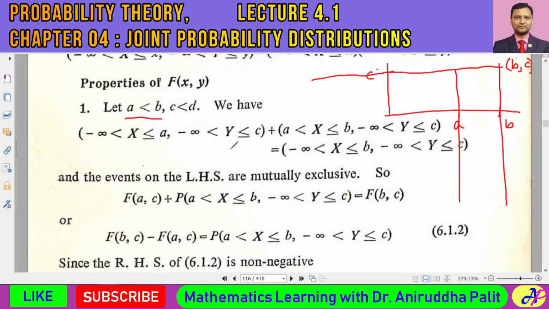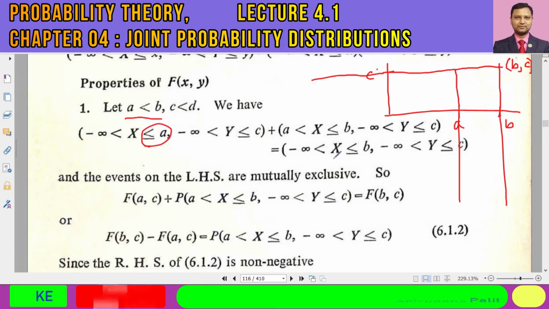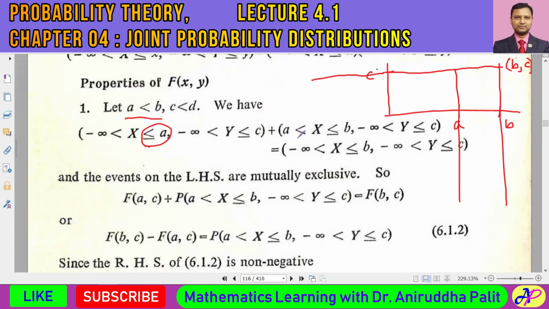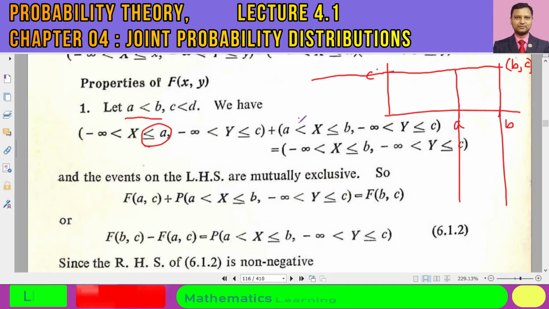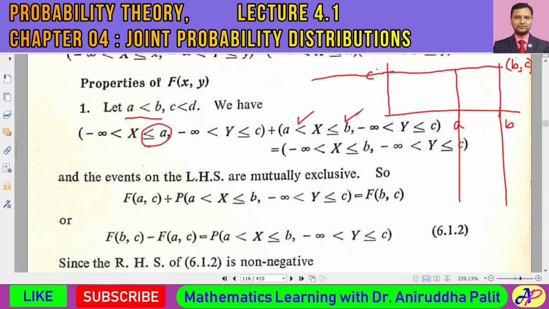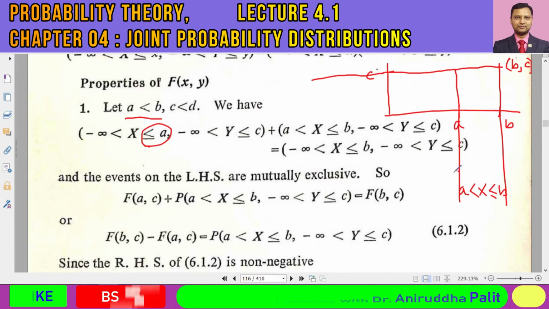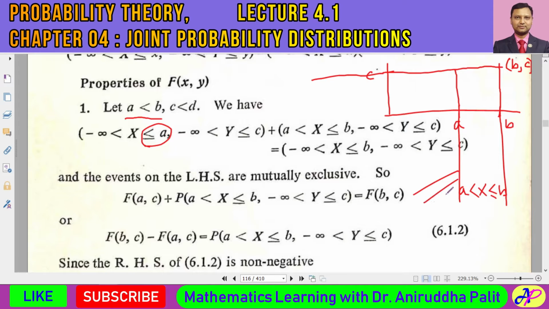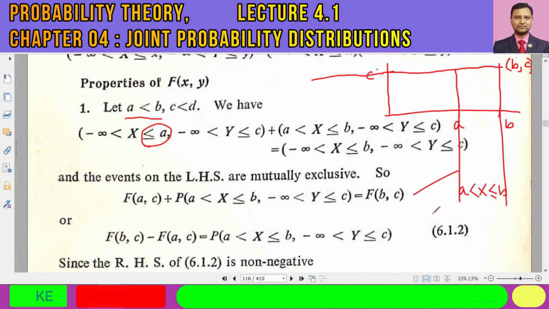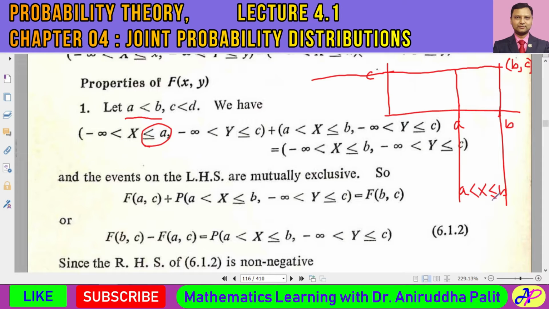The equality x is equal to a has been chosen in the first zone, so for the remaining part we take the strict inequality: a less than x less than or equal to b. Got it? So this is the zone a less than capital X less than or equal to b, because x is equal to a has been included in the first zone.